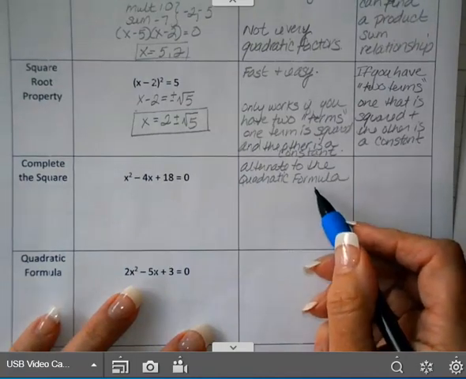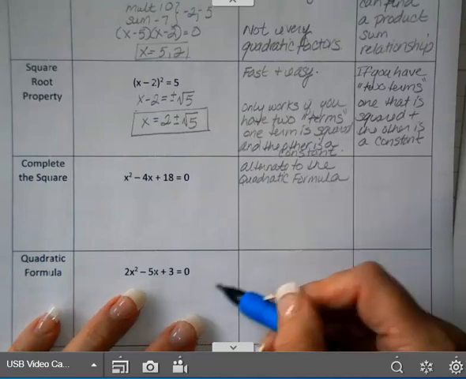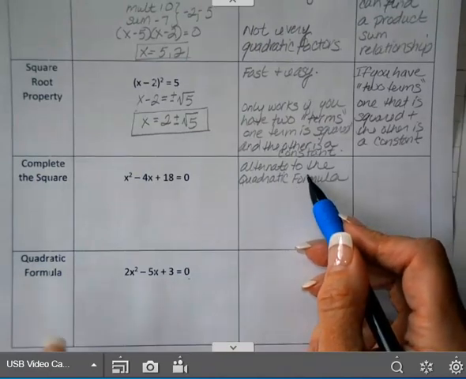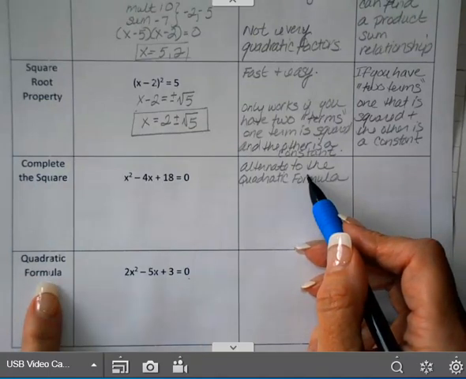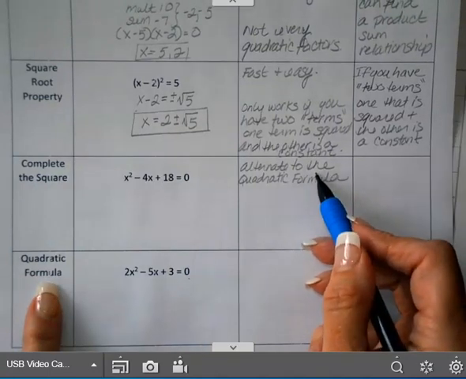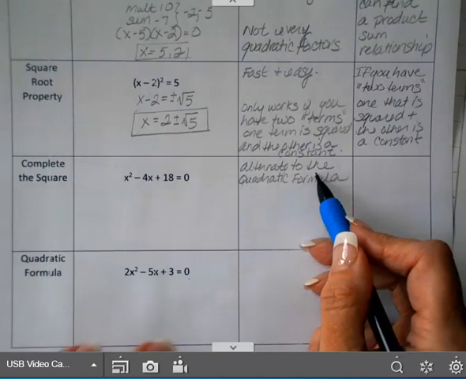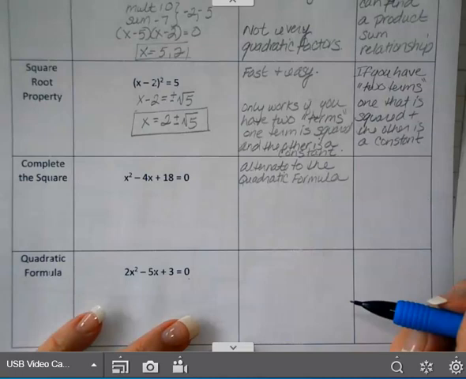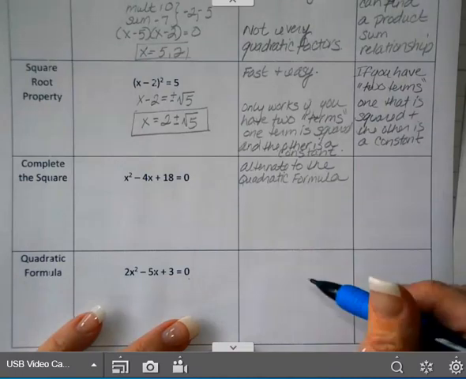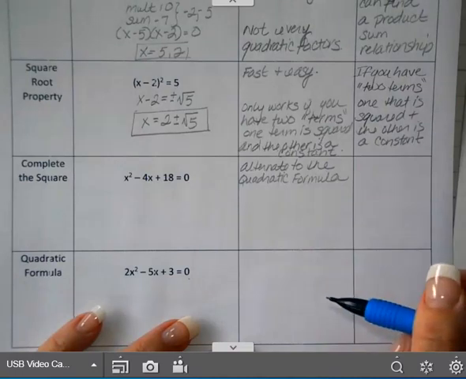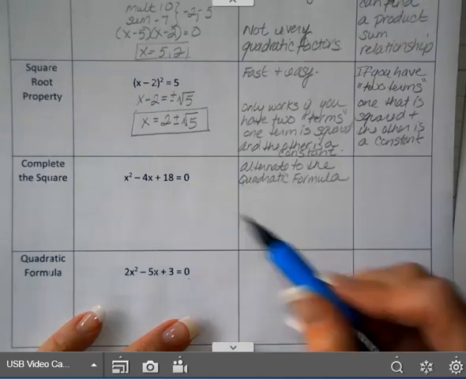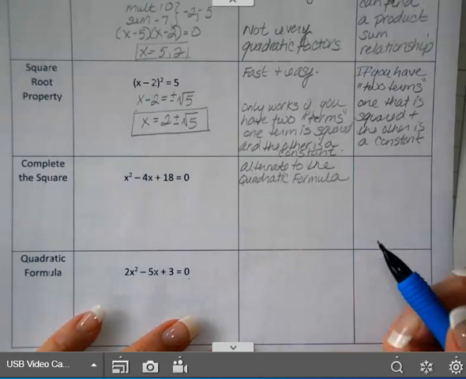The quadratic formula is derived from completing the square, so we would never have the quadratic formula if we hadn't completed the square for a quadratic. And I've included those notes in a document in Schoology if you are interested in seeing how the quadratic formula was derived from completing the square. That's optional though.